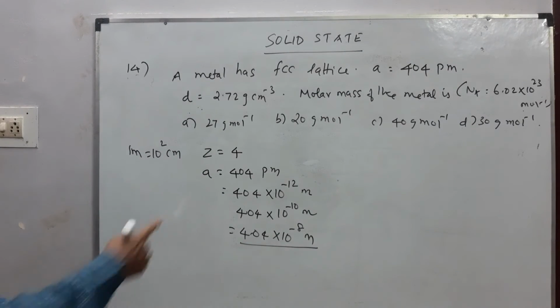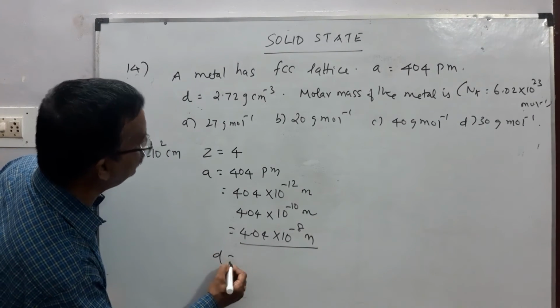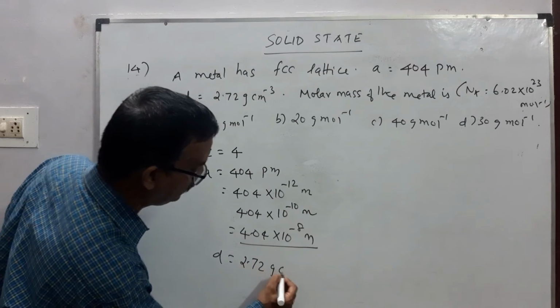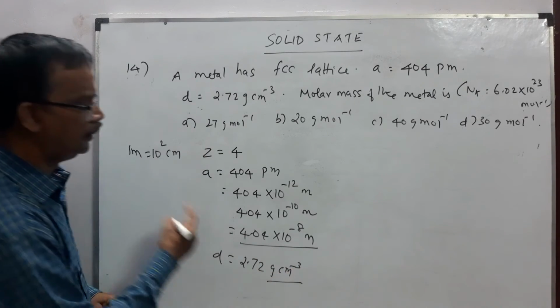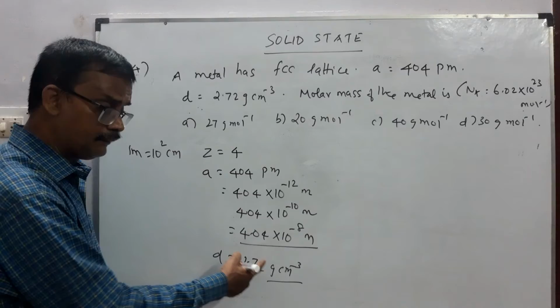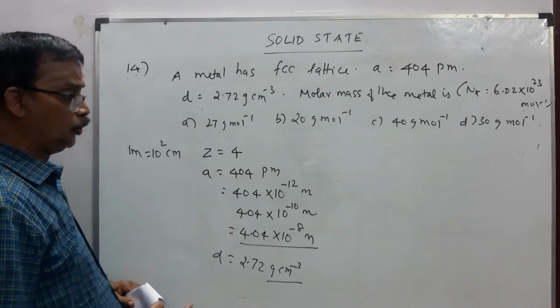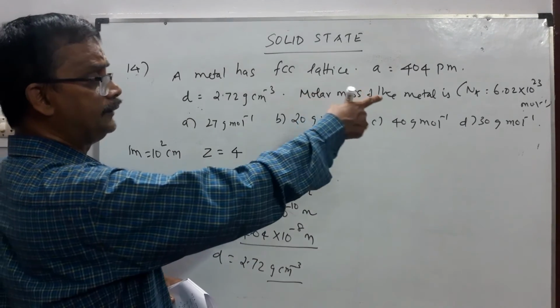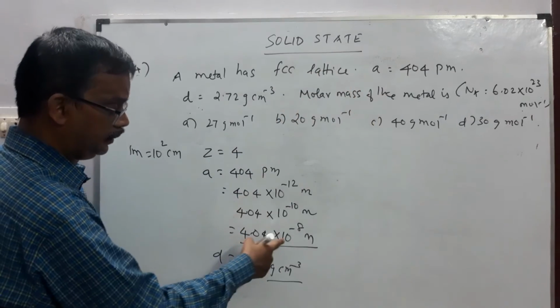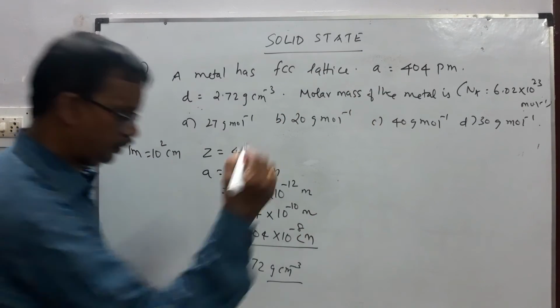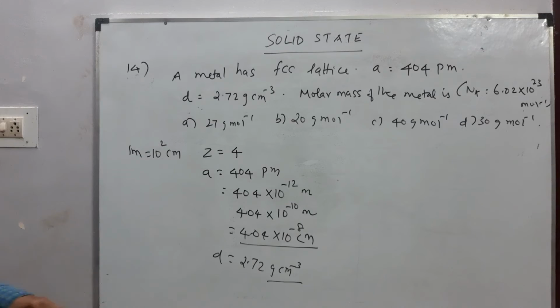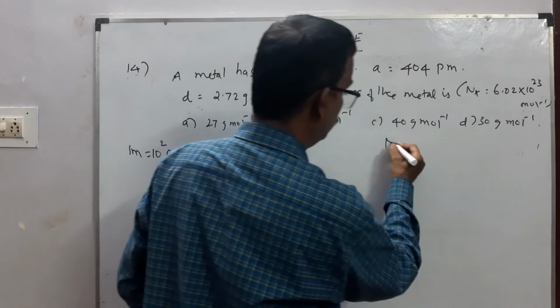a value. Density is 2.72 gram per centimeter cube. Since density is given in gram per centimeter cube, we have to convert unit cell edge length also into centimeter. The molar mass, M value.